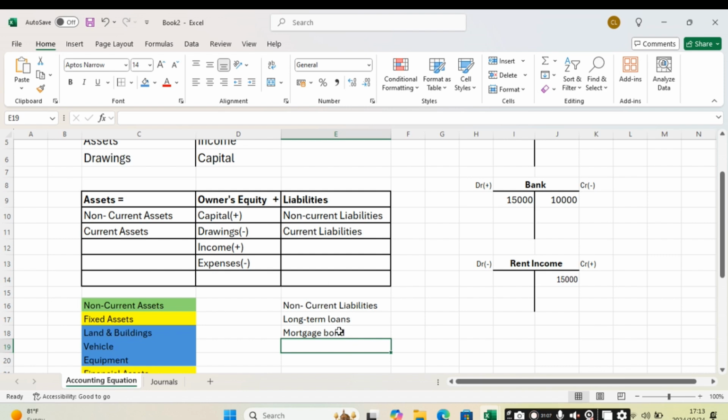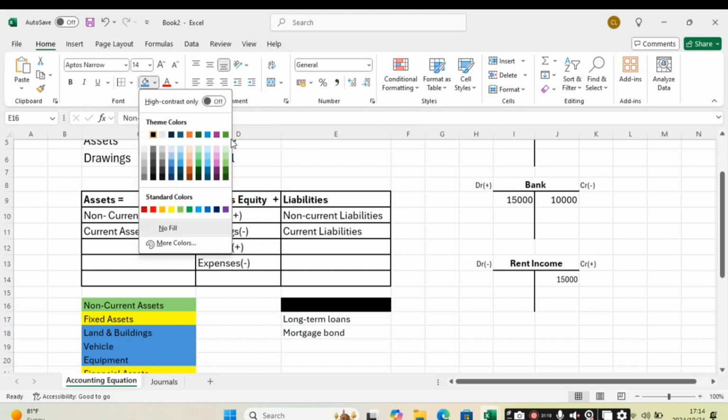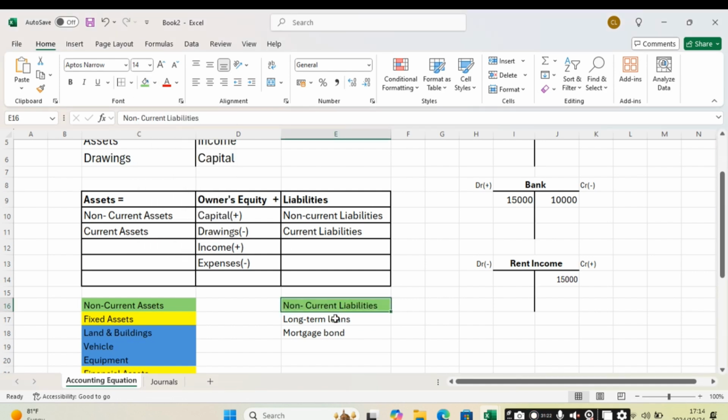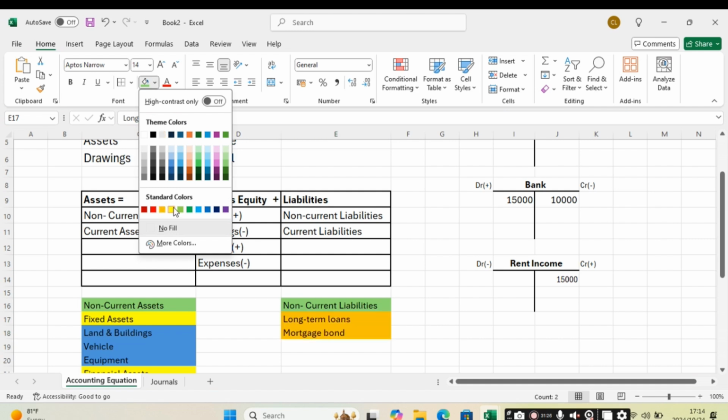Your mortgage bond you pay for sometimes 20 years, 30, depending on the interest of the bank. And then these two, yes, solid yellow.